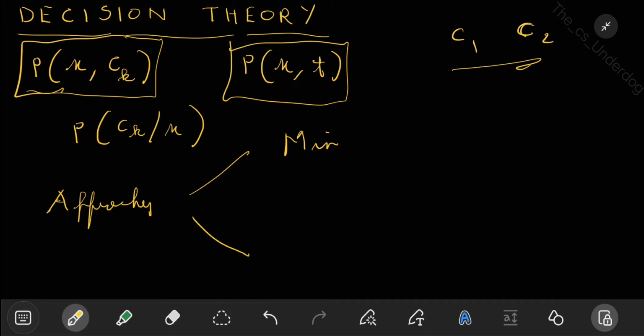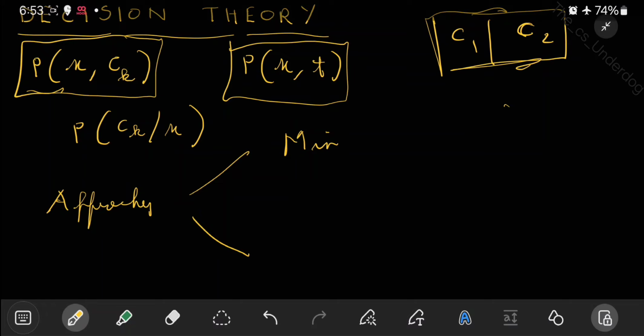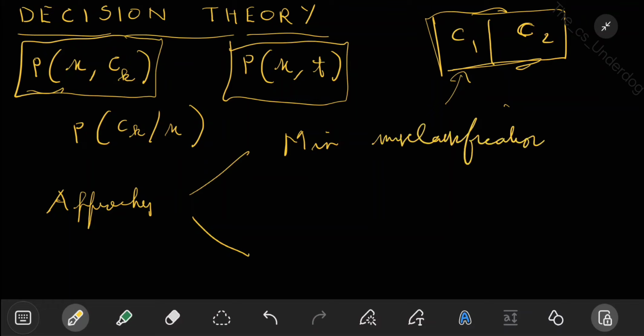So you have to identify that approach which will minimize this misclassification rate. That is, most of the points will be identified to the right class. This is the first approach, that is minimize misclassification rate. So this approach is the approach using which you will classify most of the points to the right classes.